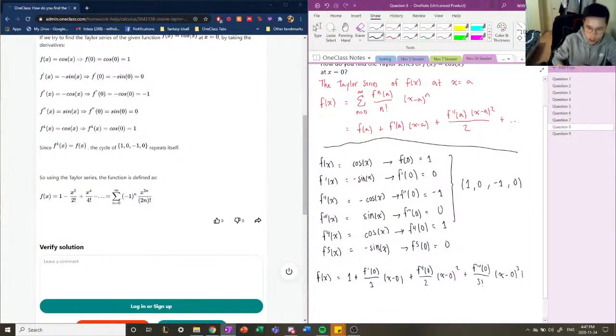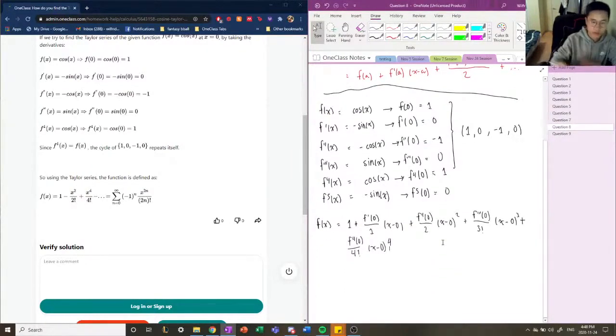And then our last term here is the fourth derivative at 0 divided by 4 factorial times x minus 0 to the power of 4.